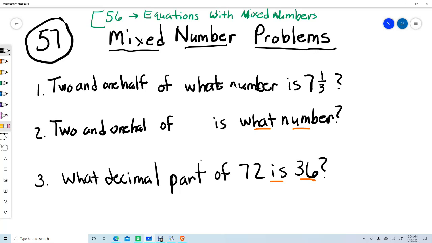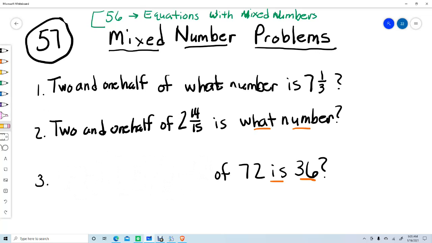You can see that's going to be a mixed number. 2 1/2 of... and then lastly, instead of asking what decimal part, for mixed numbers, they're going to say what fraction. What fraction?